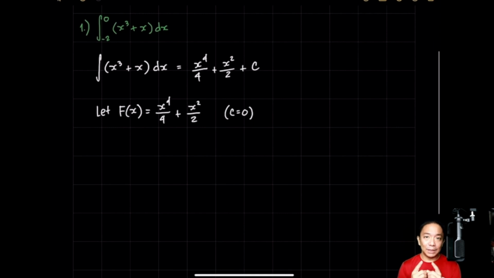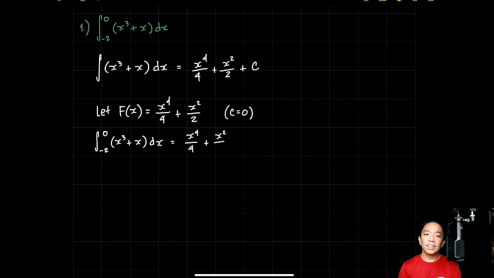Kasi notice, di ba, magsusubtract lang tayo. E di yung plus 7 sa first evaluation, mawawala dun sa minus 7 dun sa F of a, dun sa second na pag-evaluate natin ng function. Usually, we just use yung antiderivative where the constant is 0. And then, the definite integral from -2 to 0 of our function, isusulat natin siya as x to the fourth over 4 plus x squared over 2.